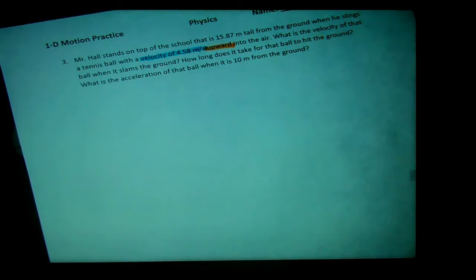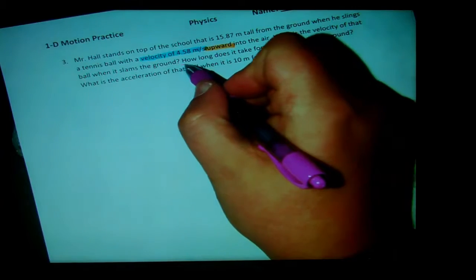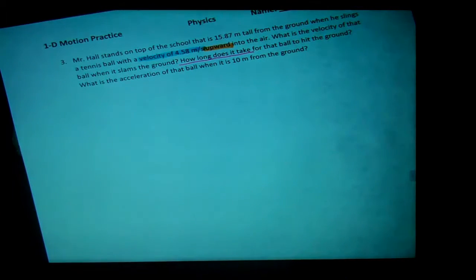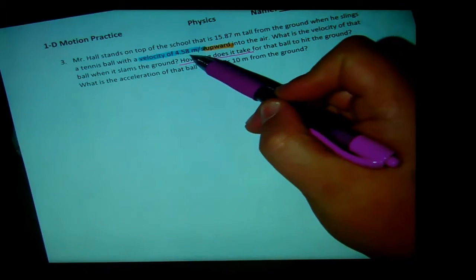In this case, yes, that will be the same. But what changes, and this is why I added this, is how long does it take? You're looking at the whole system from when it leaves my hand to when it hits the ground. How long does it take for the ball to hit the ground? In that case, there's going to be a change. The velocity is going to be the same.